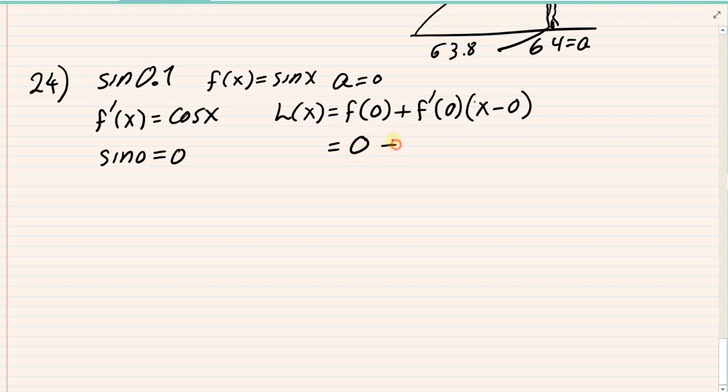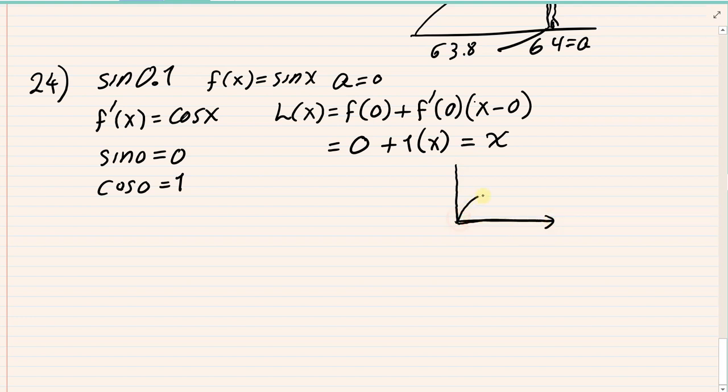So that's 0 plus cosine of 0 radians. Remember, x is a real number, so this is in radians. Cosine of 0 is going to be 1. So that's going to be 1 times x, because x minus 0 is 0, and that's just x. So the best linearization of sine at 0 is the line x, 45-degree angle line.